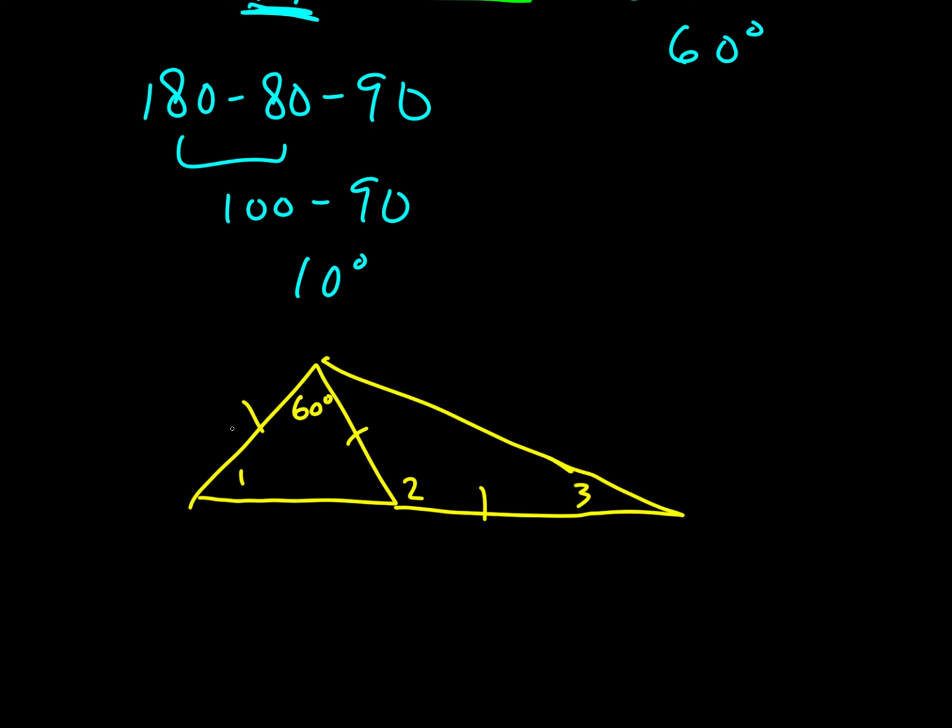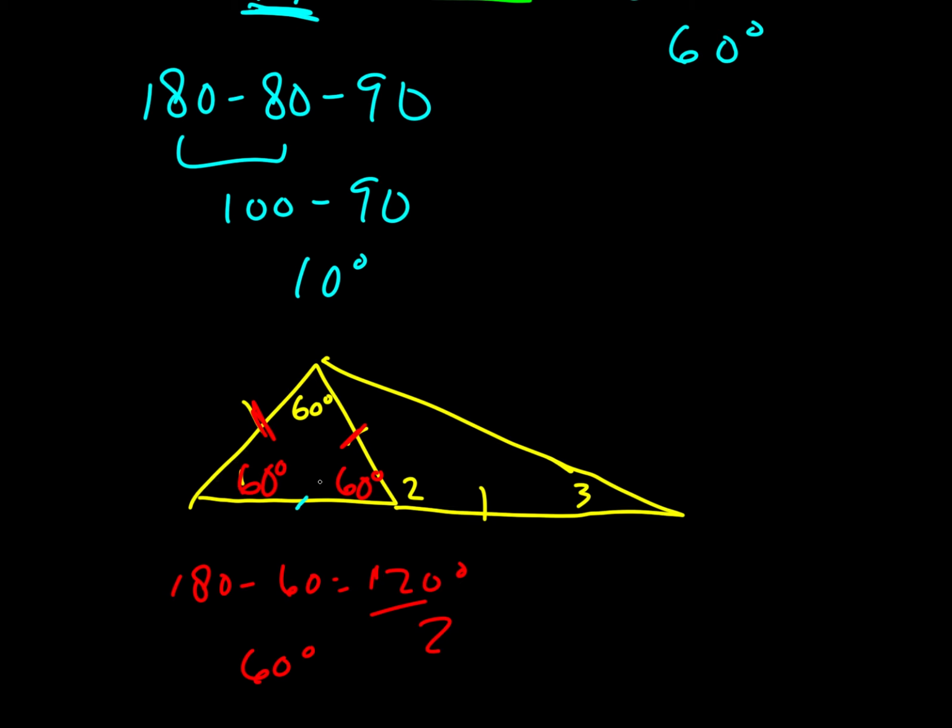So if we focus just on this triangle, this is 60 degrees, and since this is isosceles, we can say 180 minus 60, which is 120 degrees, but we need to split it between these two angles. So if we cut that in half, we're left with 60 degrees. So angle 1 is 60. This angle over here that's unmarked is also 60.